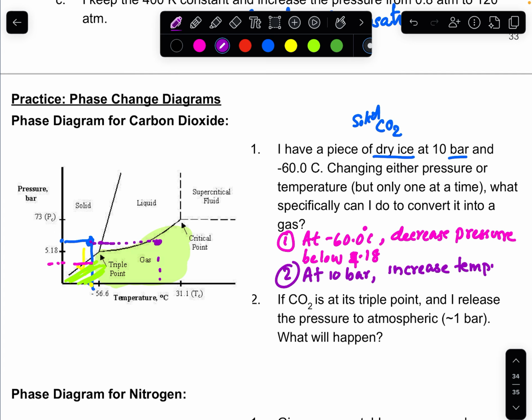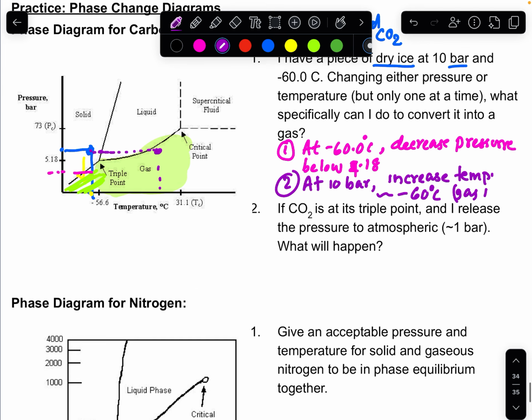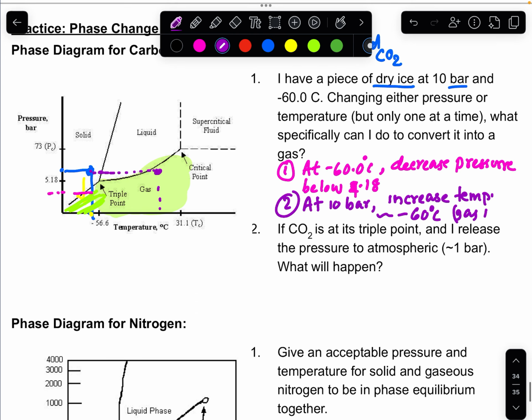Maybe 56, between that and almost 100. So maybe like 60 degrees Celsius, approximately. That will convert into what? Gas. Okay. If CO2 is at its triple point and I release the pressure to atmosphere, 1 bar, what will happen?